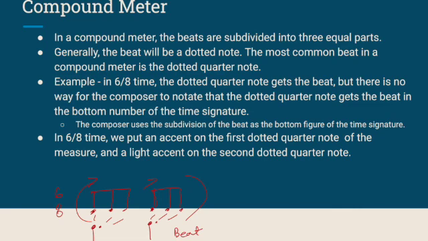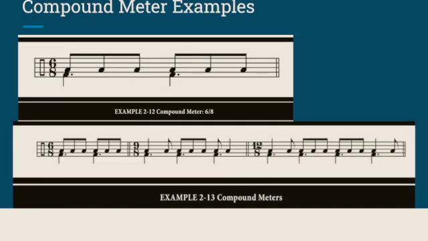So that would be a compound meter, because our beats are divided into 3 equal parts. So if you're looking, this beat of a dotted quarter note is divided into 3 equal parts. You can't divide a quarter note into 3 equal parts. You can only divide a quarter note into 2 equal parts, and 2 eighth notes rather than 3 eighth notes. So if we're looking at this compound meter example, you can see here what I was talking about earlier, that you have a dotted quarter note and you're subdividing it into 3 equal eighth notes.